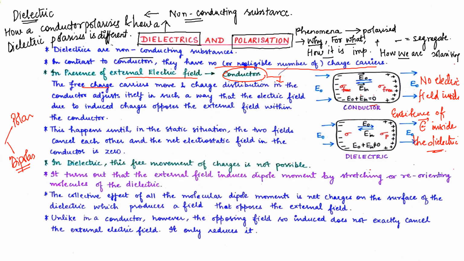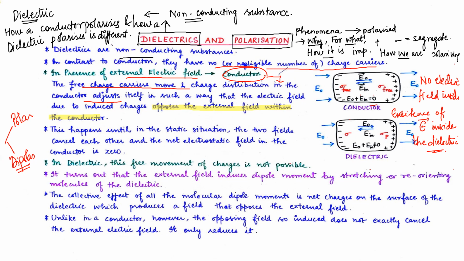Free charge carriers move, and the charge distribution in the conductor adjusts itself in such a way that the electric field due to the induced charges opposes the external field within the conductor. These induced charges get their own internal fields, and these fields start opposing the external field.